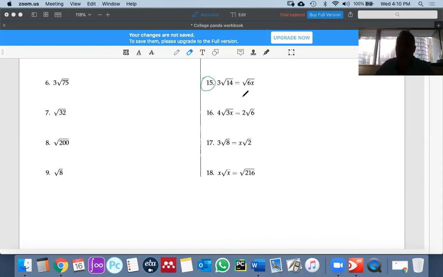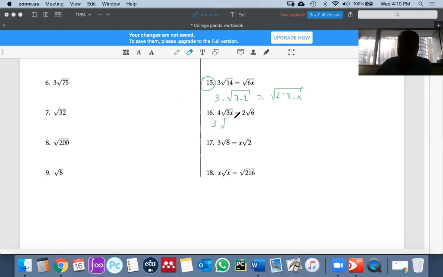It's easier. How can we solve this? Let's think. So 3 times root 14, we cannot do anything. It is 7 times 2, we can say. Root 6x, we can say 2 times 3 times x.